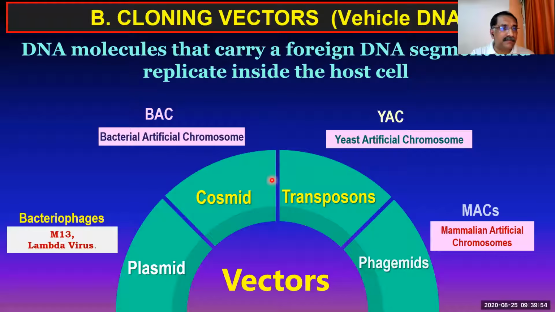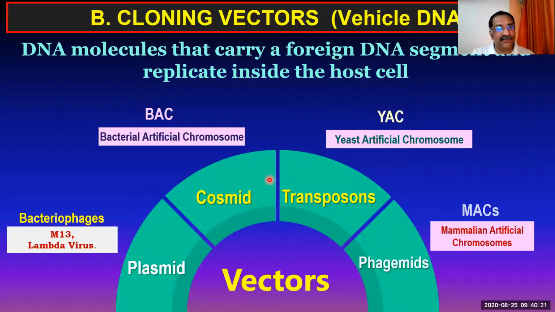The bacterial, the yeast and mammalian chromosomes are available, and these three types of chromosomes are artificial: mammalian artificial chromosome, yeast artificial chromosome, as well as bacterial artificial chromosome. But in addition to that, there is one more vector mentioned over there, that is called bacteriophages.